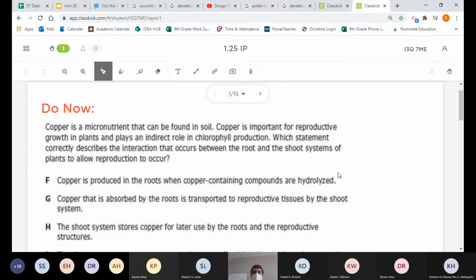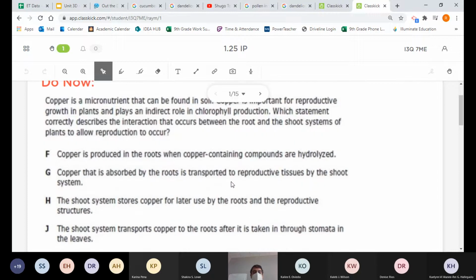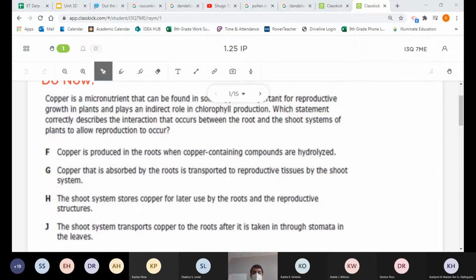Can I get someone to knock out an incorrect response for me? Which one of these answer choices is incorrect? Again, looking for a wrong answer.